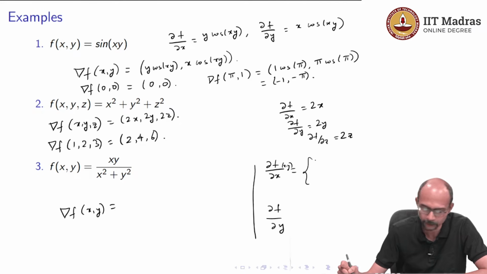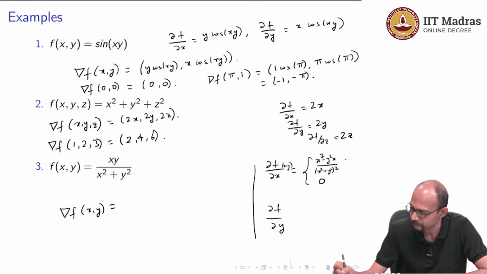If it is not at 0, 0, then del f del x is (x cube minus y squared x) by (x squared plus y squared) the whole squared, and if it is at 0, 0, it is 0. So, this is if (x, y) is not (0, 0), and this is if (x, y) is (0, 0).